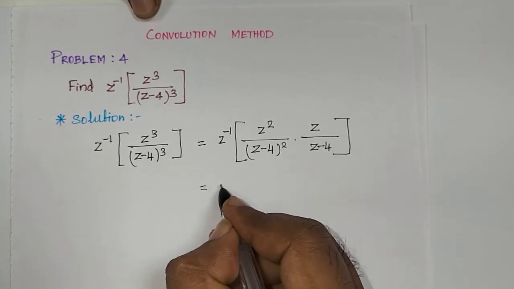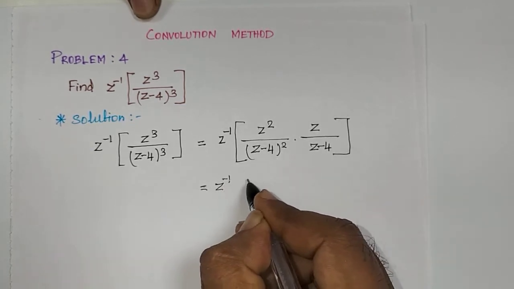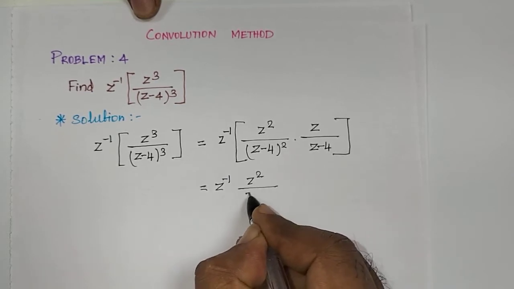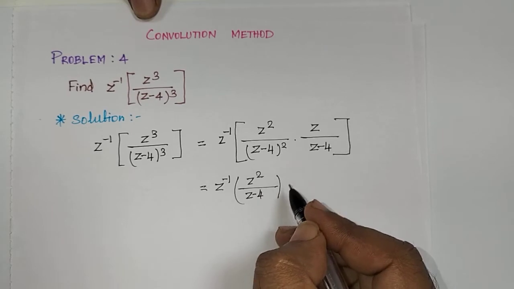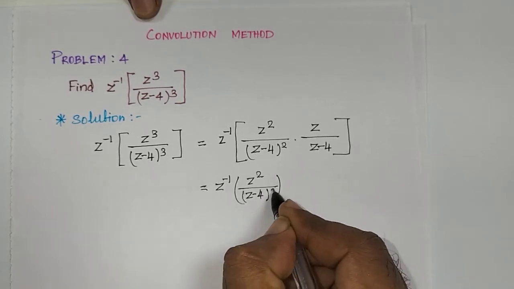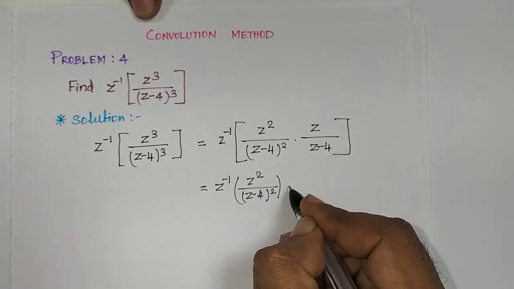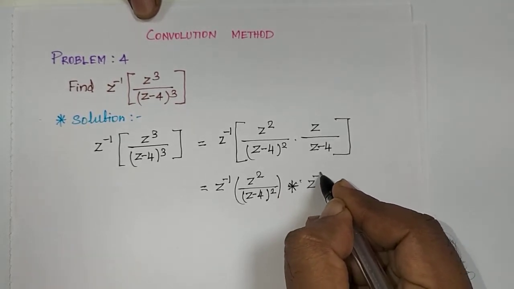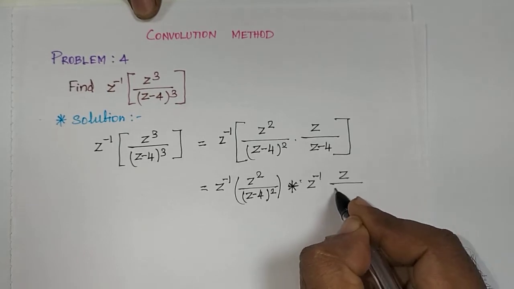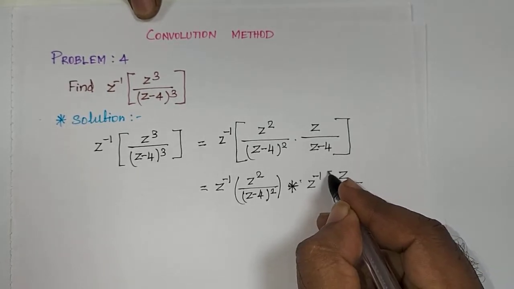I am separating these two terms. Z inverse of z square divided by z minus 4 whole square, and the second one, convolution operator star, z inverse of z divided by z minus 4.